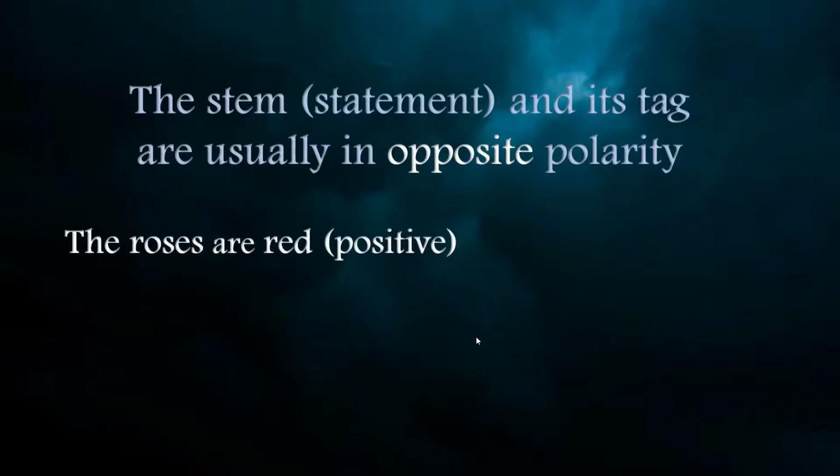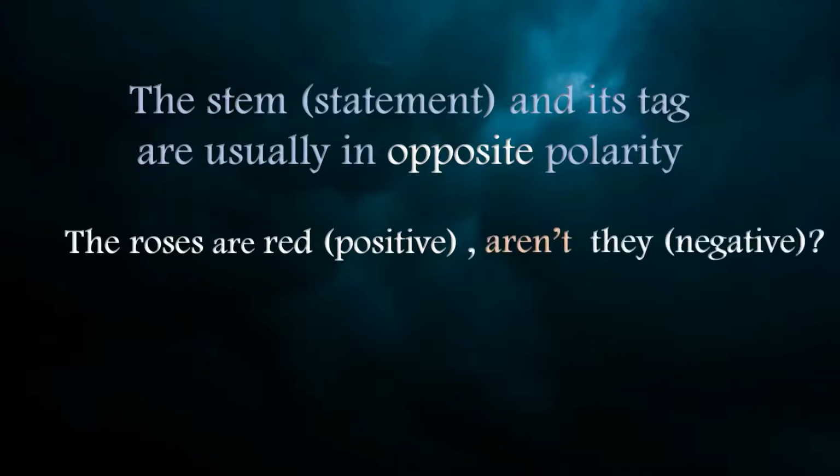If the given statement is positive, which means there is no use of negative words in the sentence like not, never, neither, nor. If the given sentence doesn't contain these words, then the word not should be added in the question tag. The roses are red, so the question tag becomes aren't they? Are and not is added to that.